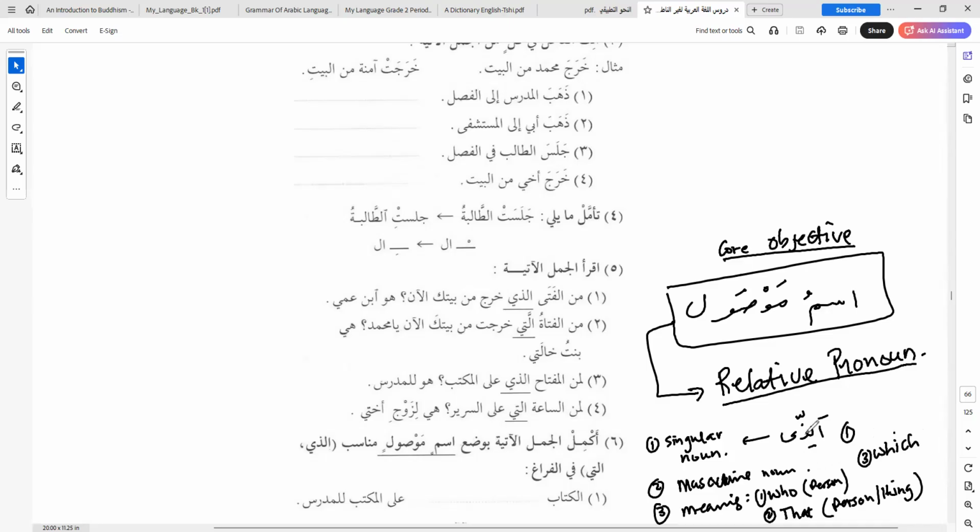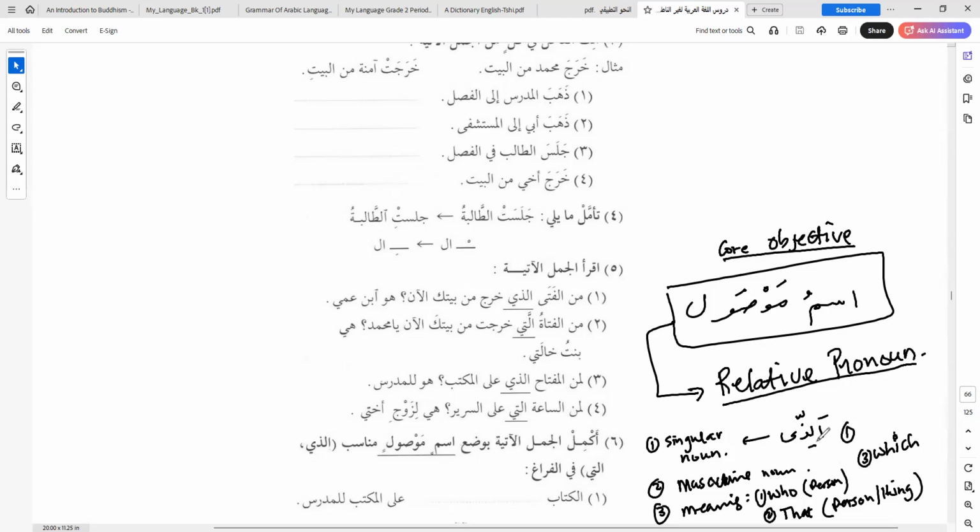So just the way you use who, that, and which in English is the same way you're going to use الذي. But الذي is just one, but it covers all the relative pronouns of who, that, and which. And then it can also be used for inanimate objects if they are classified as masculine.